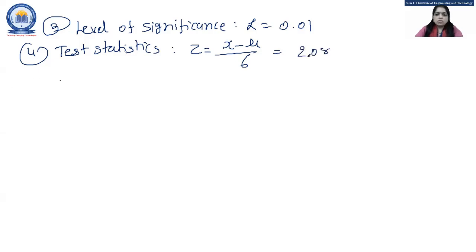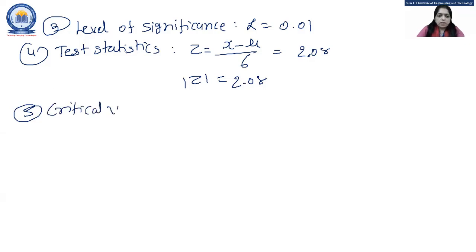So mod of Z is also 2.08. Now, the second last step is the critical value. The critical value is Z alpha. Here our alpha is 0.01, so my answer is 2.58.